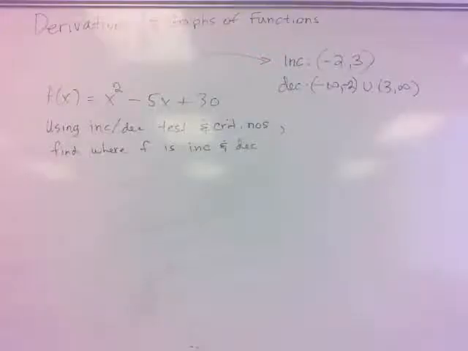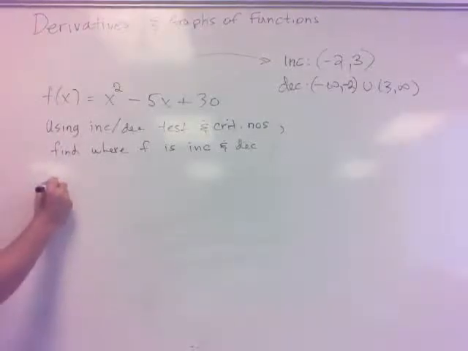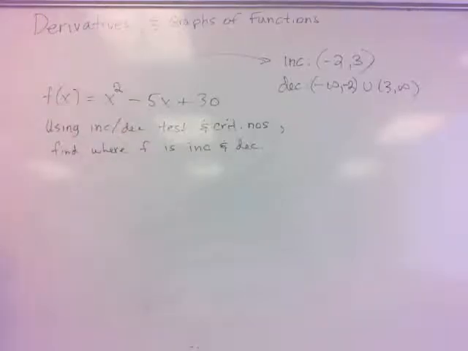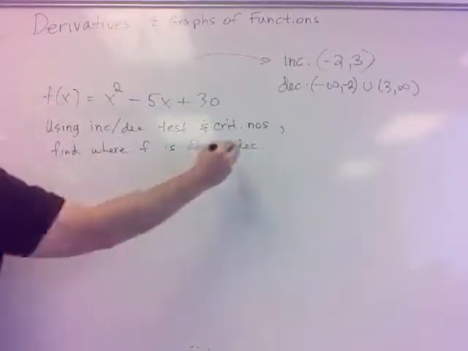Okay, so like we said, when we don't have the graph, we're not going to graph this one, we're just going to talk about the graph of it. Start with the critical numbers because those critical numbers divide up the increasing and decreasing parts. How do I find the critical numbers? Well, that's what we worked on last time. Critical numbers are where the derivative is 0 or the derivative does not exist, right?